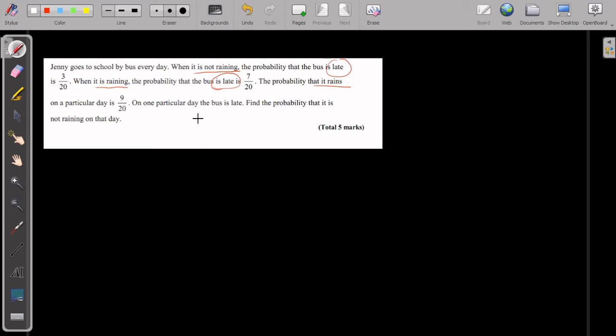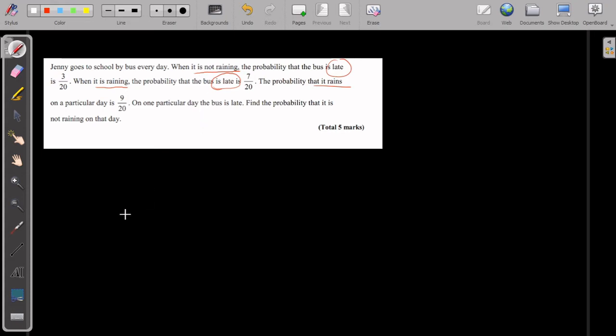Now, in this problem, obviously, I have two incidents, rain and the bus being late. So from that, I can understand that I will have a tree diagram where I have two events. The initial event will be, of course, raining.